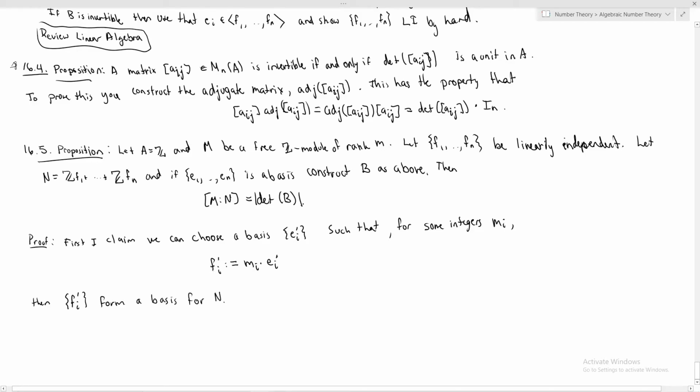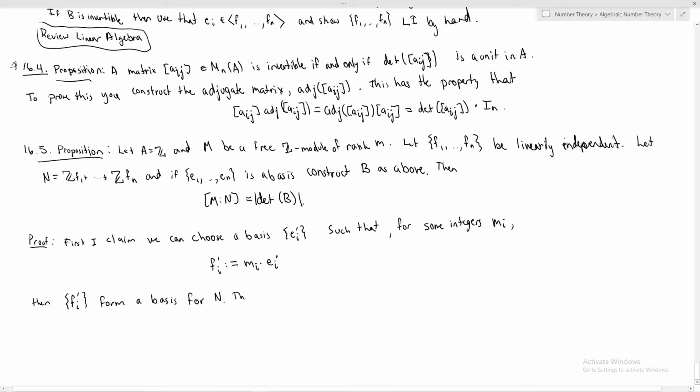Okay, so what is this saying? There are a couple different ways to look at it. One way is to say, if I shift my view of M a little bit, so I change the basis that I am working with, then N is essentially taking each one of these basis elements and just scaling it. Another way to look at this is we're trying to diagonalize this matrix B. So what do I mean by this?